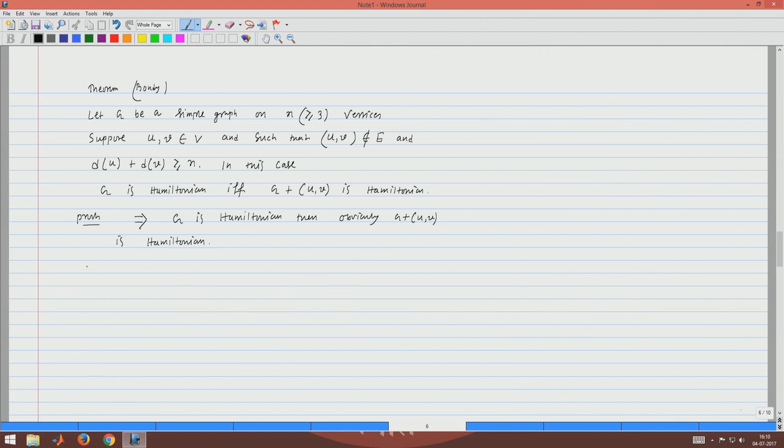Okay. Now, the other part is, given that G plus uv is Hamiltonian, we need to prove that G is Hamiltonian.